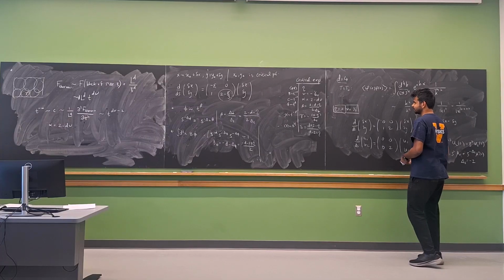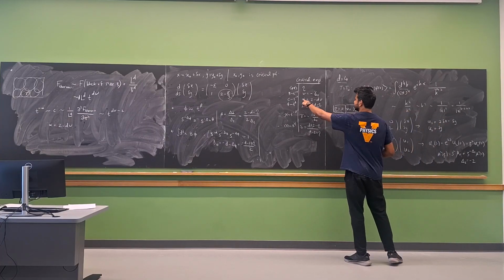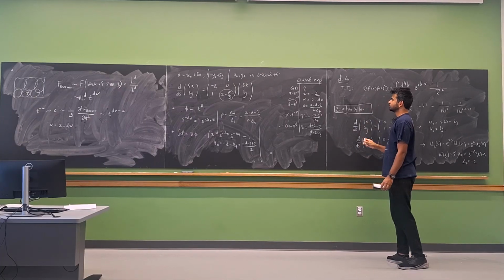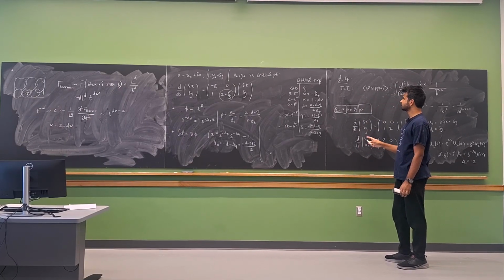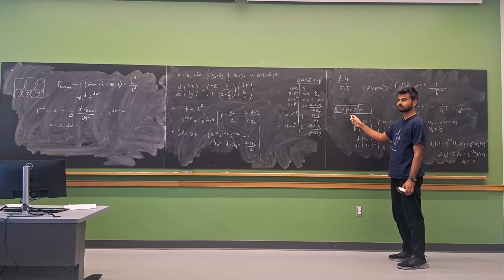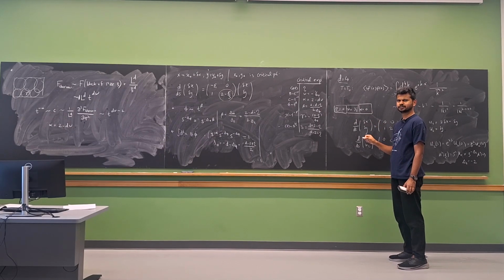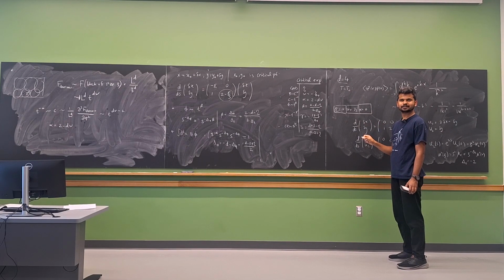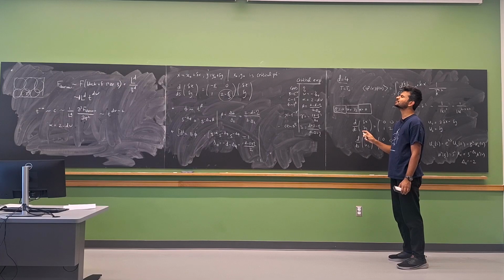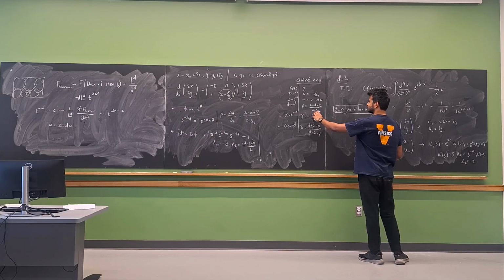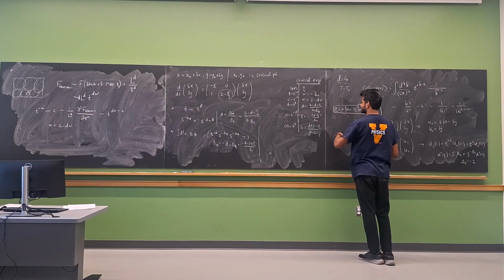Now it's just a plug-in game. So let's plug in for alpha. Alpha equal to 2 minus 4 by 2. That's 0, right? I think that's correct. 2 minus 4 by 2 is what? 2 minus 2 is 0. So that's correct. So beta is equal to, okay, that's hard.